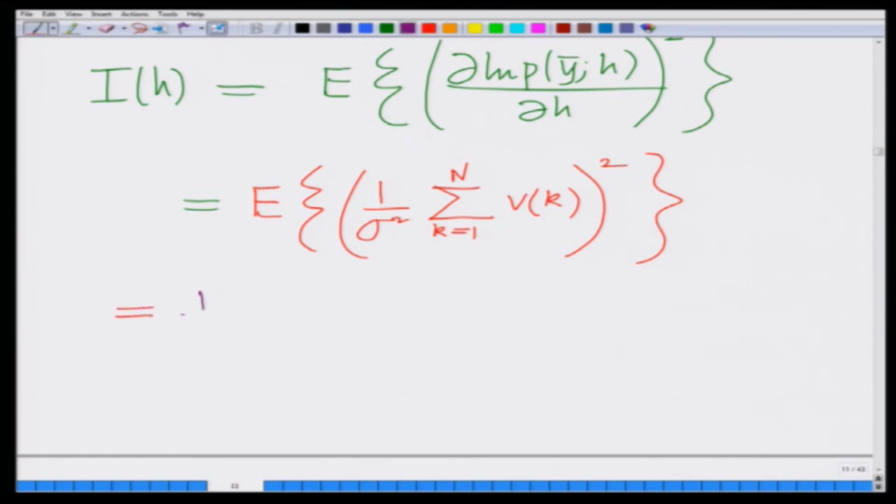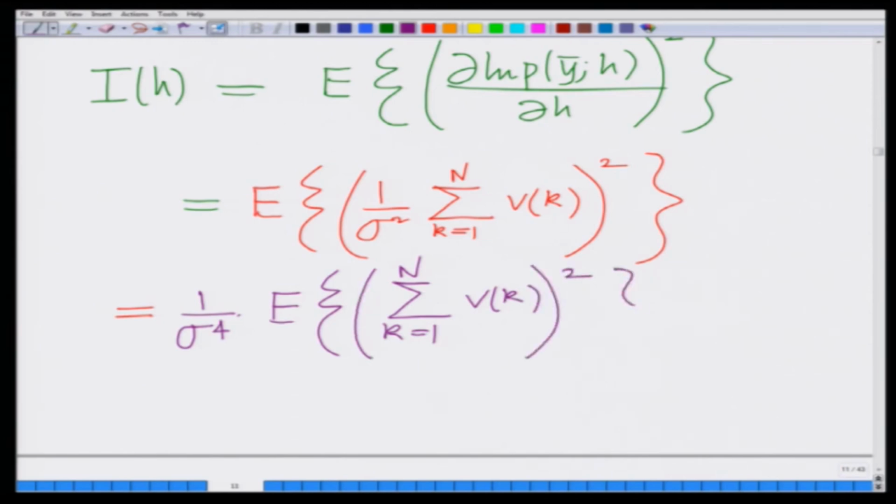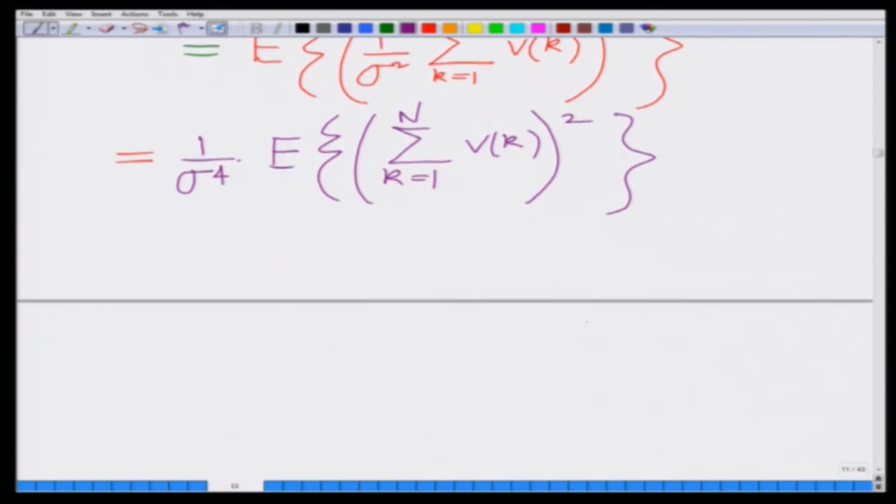Now, 1 over sigma square is a constant, so that will come out of the expectation. So, that is basically 1 over sigma square square, that is 1 over sigma raised to the power of 4, expected value of summation k equals 1 to n v k whole square.